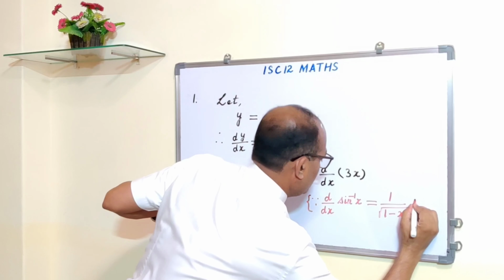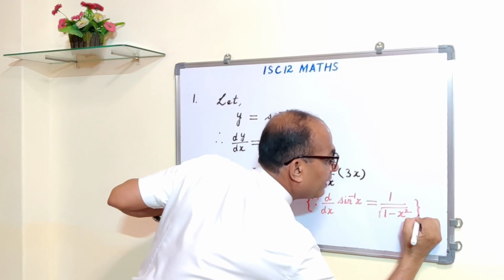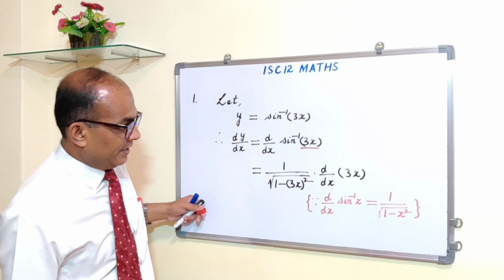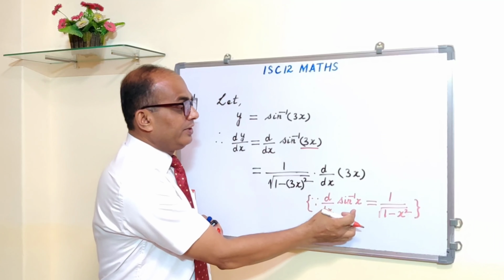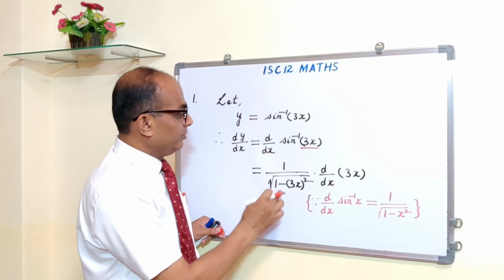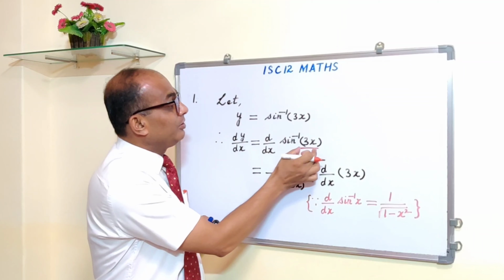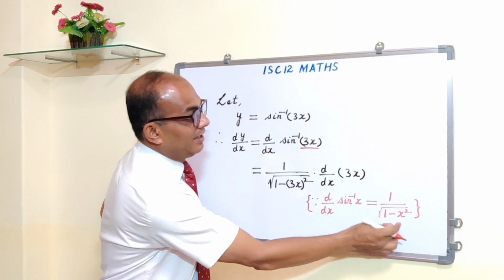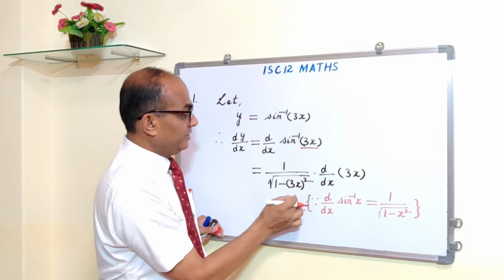This is the formula we are using. The only thing is, in place of x I am writing 3x, so in x square we have 3x, so (3x) square.